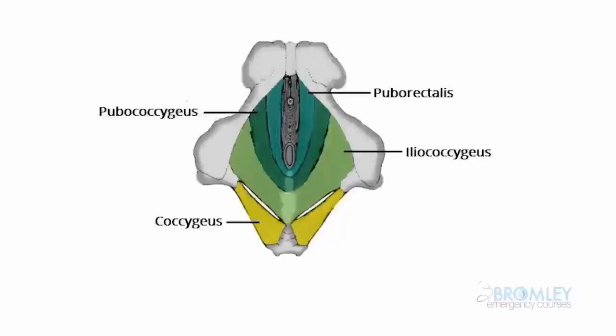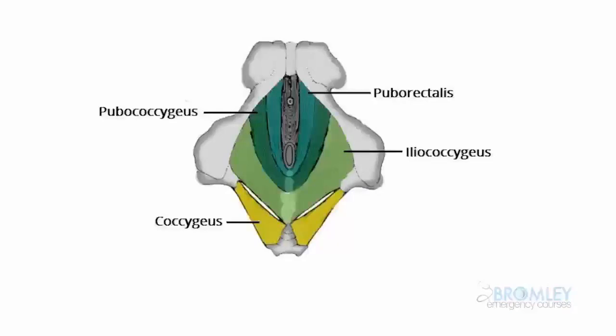Iliococcygeus, on the other hand, has very thin muscle fibers, and posteriorly they attach, as you can see, to the coccyx and also to the anococcygeal ligament. So three muscles, out of which puborectalis you need to remember, because it plays a role in fecal continence.